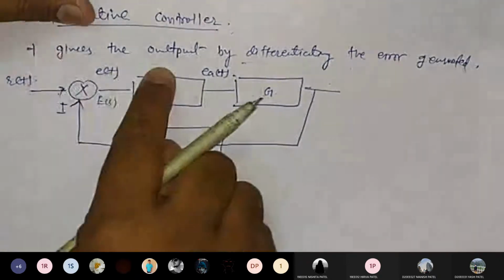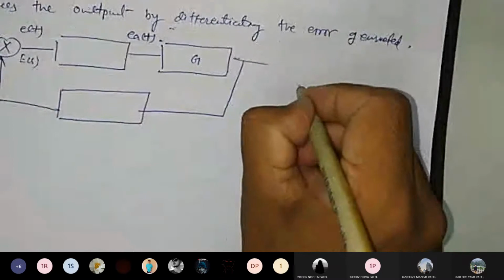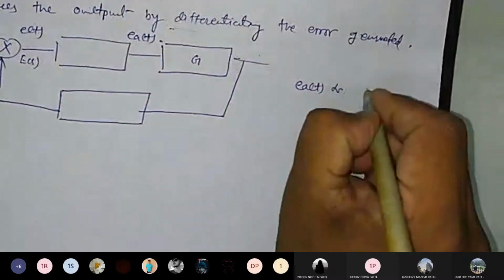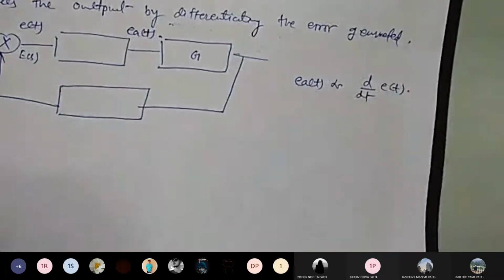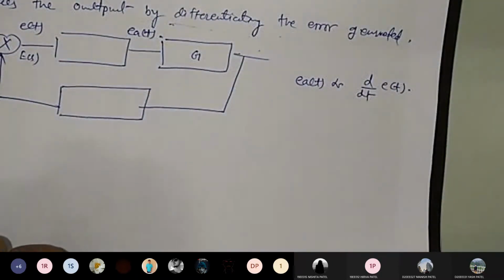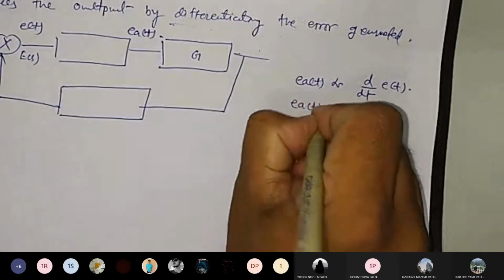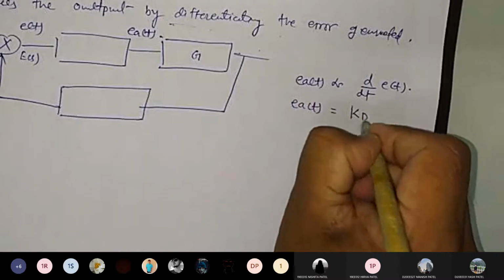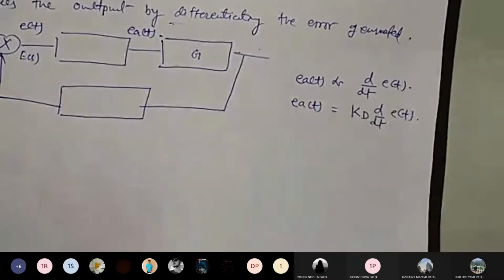So the statement gives the output by differentiating the error generated. So Ea of t is proportional to d by dt of E of t. Ea of t is equal to, let us say, Kd d by dt of E of t.